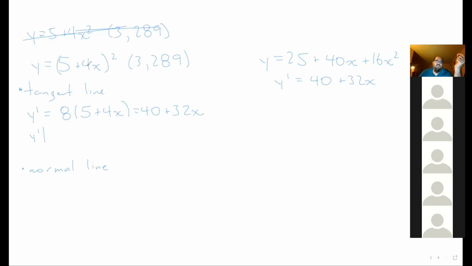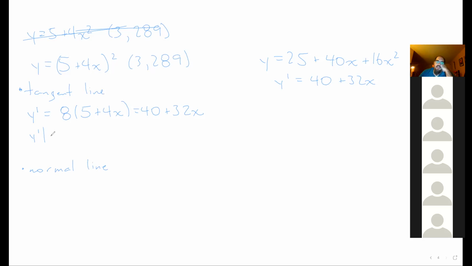The derivative is also a function of x. That derivative describes the slope of the tangent line wherever I want. But I have to have a specific x value to get an actual number for a slope.